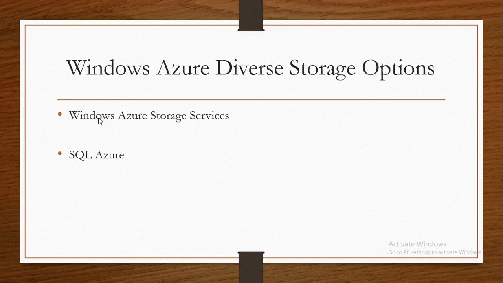Before that, what is inside Windows Azure Storage Services is blobs, queues and tables. So what are blobs? Blobs stands for binary large objects. If you want to store large data, huge data, like pictures, videos, and files, in that case you can put them in blobs.